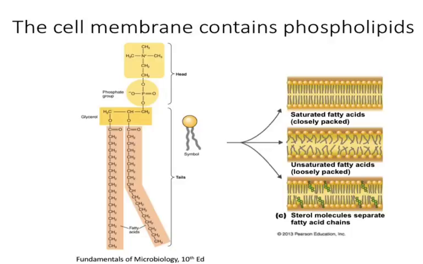Let's say we've got one bacterium that lives in the Arctic, and another one that lives in Cuba. Which one of those two is going to have a higher percentage of cis unsaturated fatty acids?